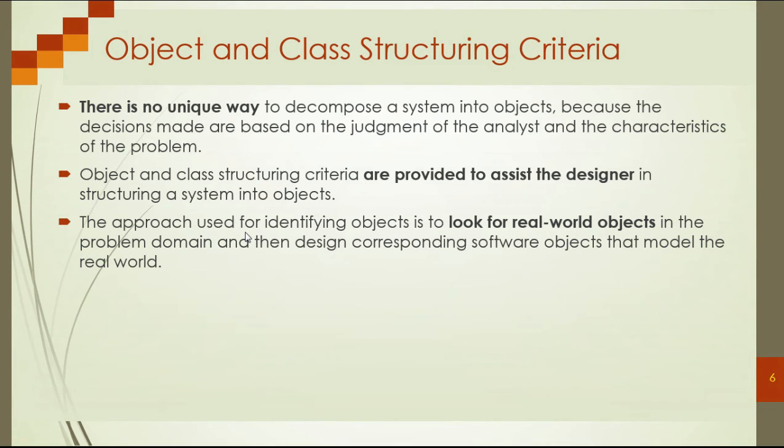So the criteria here provide you a guideline to identify the objects of the real system from the problem domain, and then based on that you can design the corresponding software object that models the real world system.